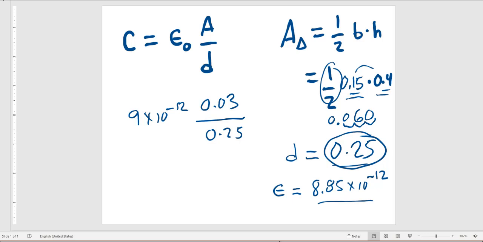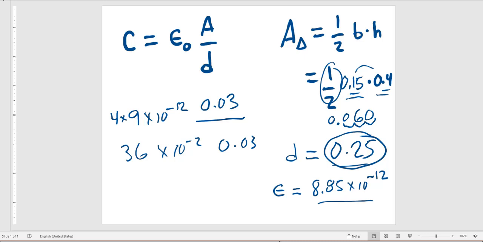All right, so I've got these numbers plugged in here. I need to do this math. So I have 0.25 on the bottom. That's a quarter. So dividing by a quarter is the same as multiplying by 4. I'm going to go ahead and do that. You don't have to do this, but for me it's a little bit easier. So now I have 4 times 9 is 36, times 10 to the minus 12th, times 0.03.